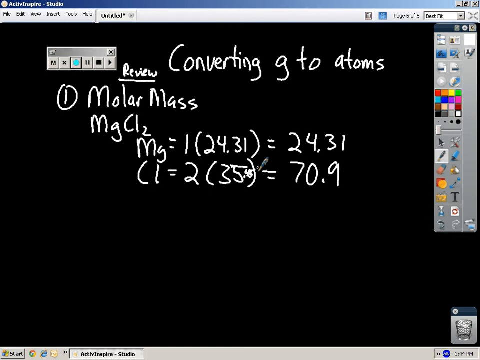What do we do next? We just add them, right? When you add these two together, what do you end up getting? 95.21? Okay, so you end up getting 95.21. And what are the units that we use for molecular weight or molar mass?